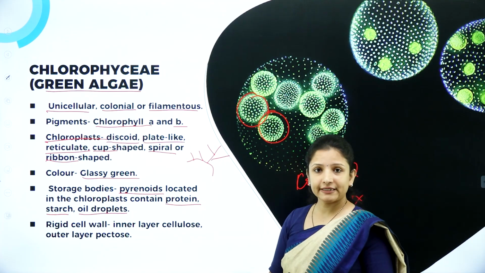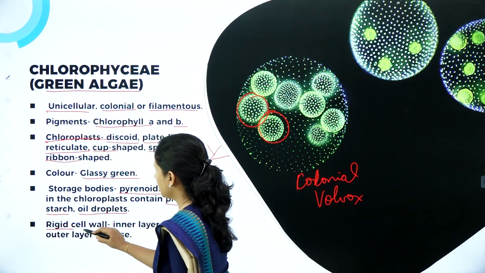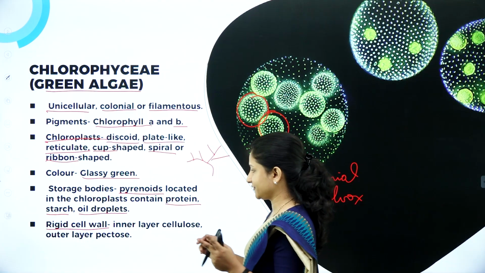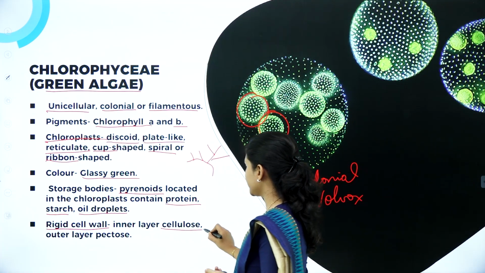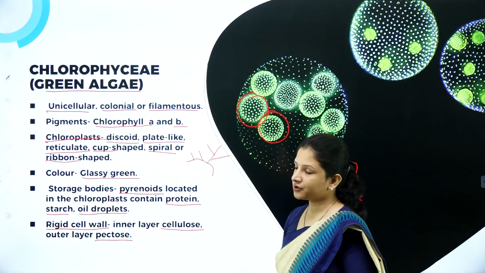And these Chlorophyceae members, their cells are covered by a rigid cell wall, wherein it has two layers of cell wall, wherein the inner layer is made up of cellulose compound and the outer layer is made up of pectose compound.